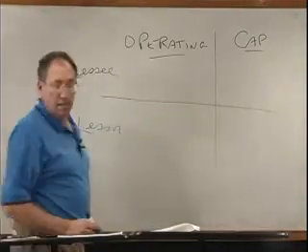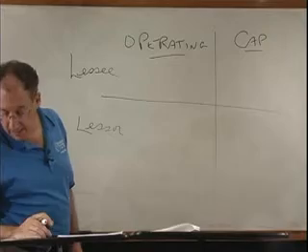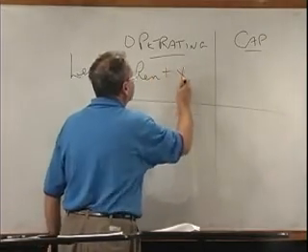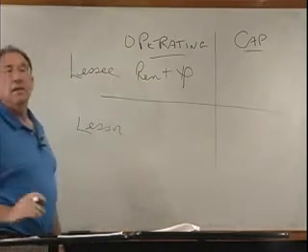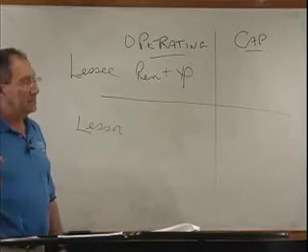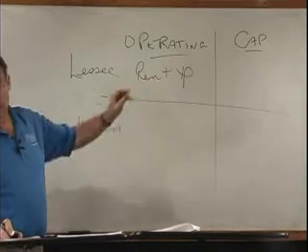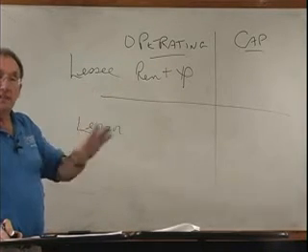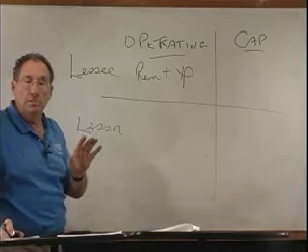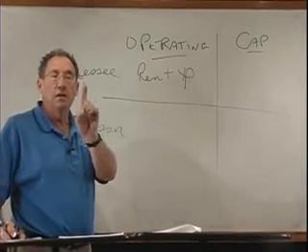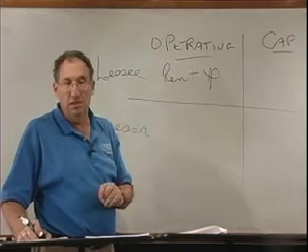Okay, operating lease, lessee will show rent expense. The lessee does not set up the asset and liability. Capital lease, the lessee sets up the asset and the liability on its books. Remember, capital lease means the lessee meets one of the four owns conditions.